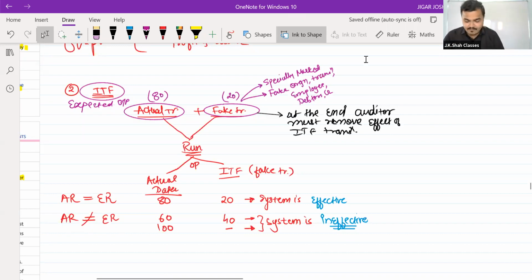Please draw this diagram very fast, very quick, and mention over there that this is an ITF related transaction so that it will immediately help you to revise the topic in a very easy manner.